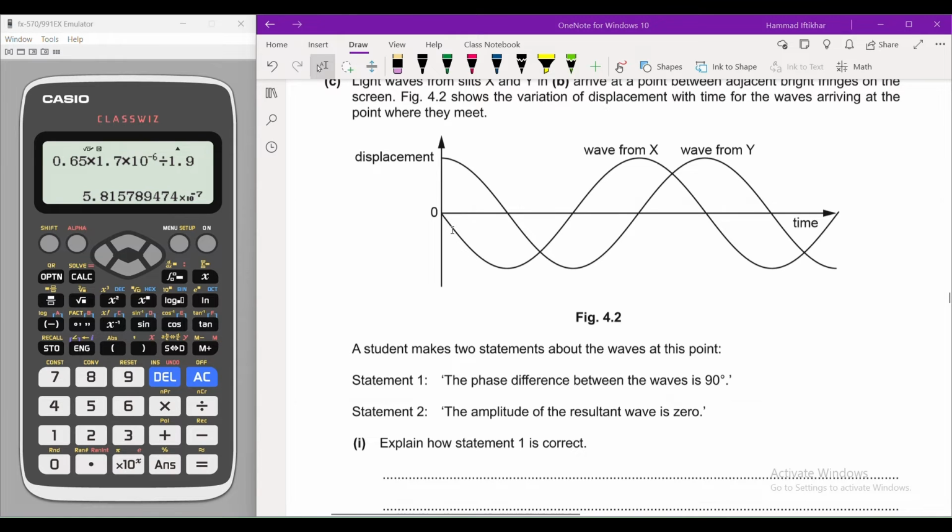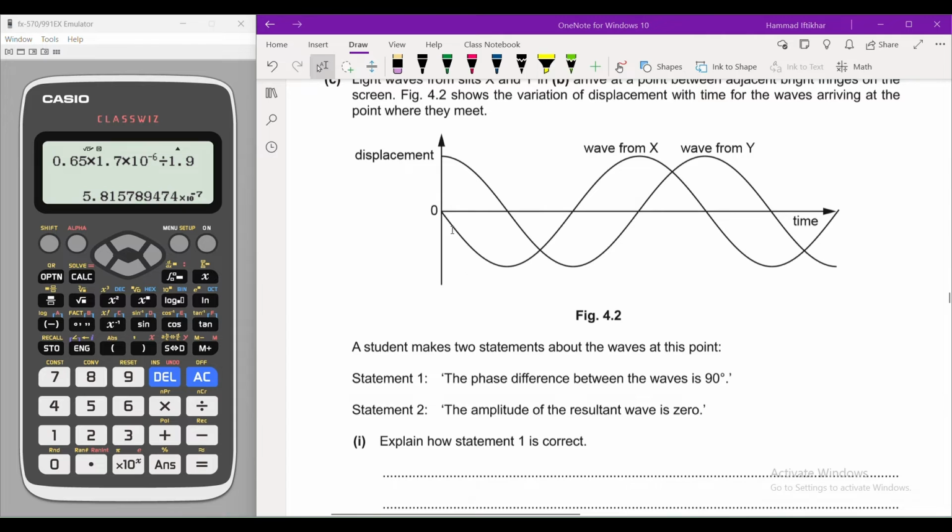A student makes two statements about the waves at this point. The phase difference between the waves is 90 degrees. The amplitude of the resultant wave is 0.